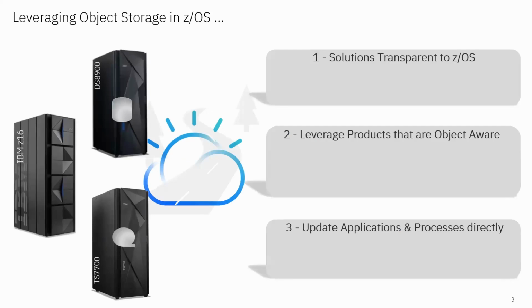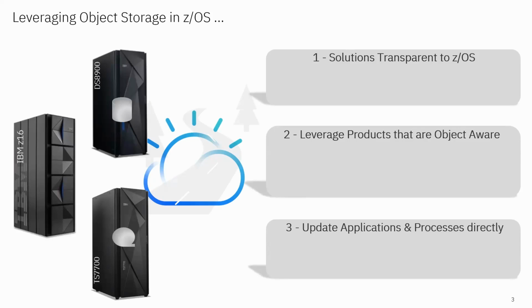There are three primary use cases that we're going to look at and dissect. One, solutions transparent to z/OS. So these are solutions that you can just drop right in and none of your z/OS applications are even aware that your data is going to object storage. Secondly, you can leverage products that are object aware.